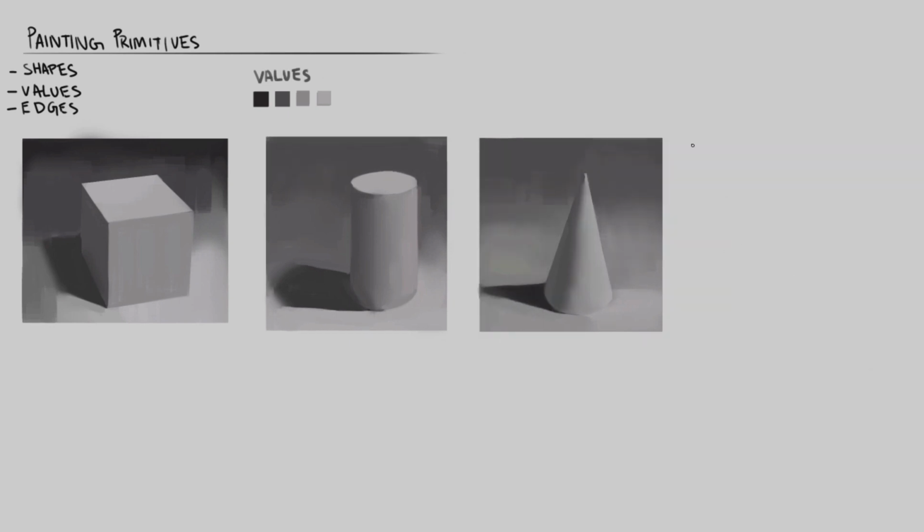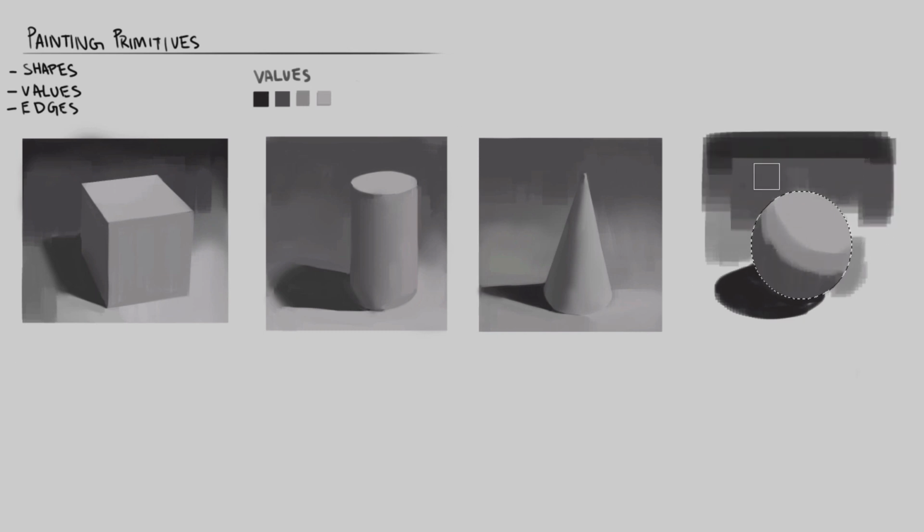And lastly, let's paint a sphere. Here's an example where I think using the lasso tool made it a little too digital and not so painterly.